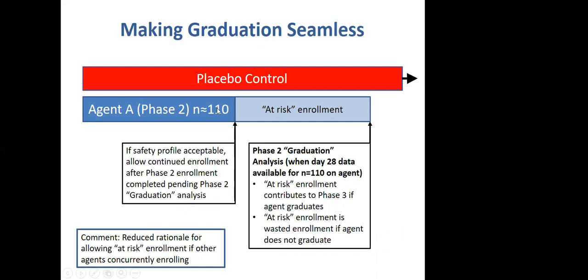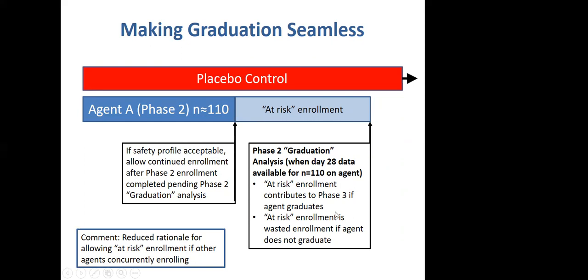So one approach that we adopted in the study was to do the phase 2 and then do a safety assessment that allowed the enrollment to continue sort of at risk, pending getting the virology and the symptom data together. So that was the concept of making a somewhat seamless transition from phase 2 to phase 3.